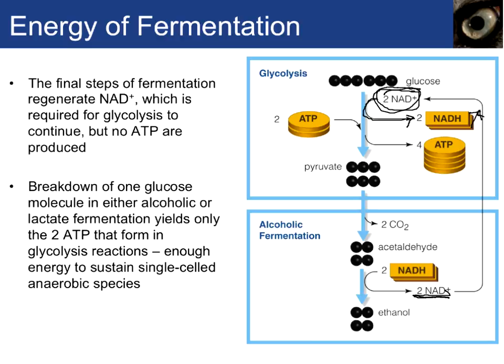So at the very least we can continue on with glycolysis. Even though glycolysis only produces 2 ATP, 2 ATP is better than nothing. And especially if you're a small organism, 2 ATP might be enough to suit your needs. In a human, you're going to need a lot more energy than you would if you're a small organism.